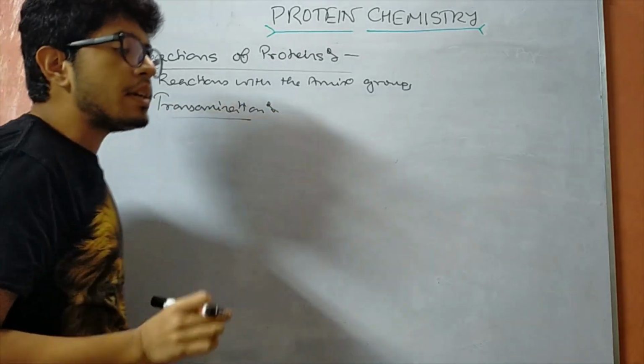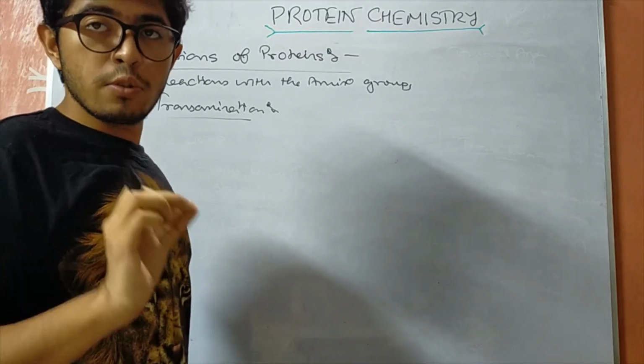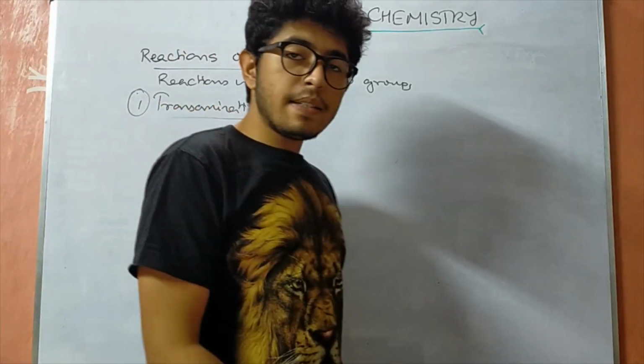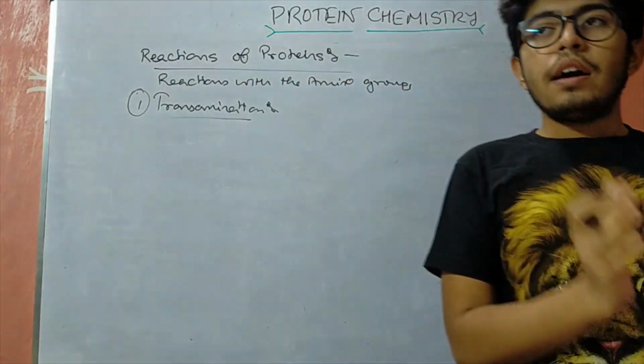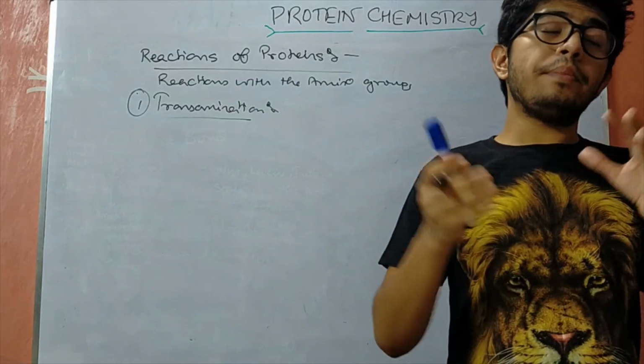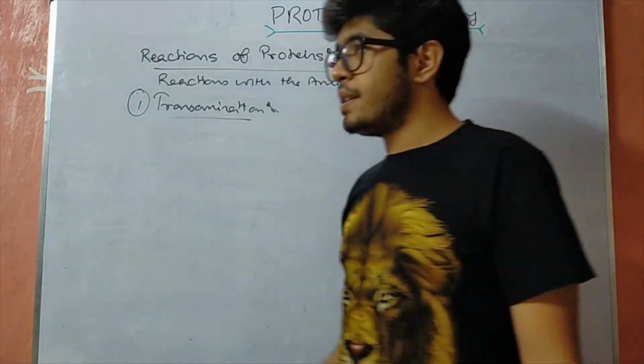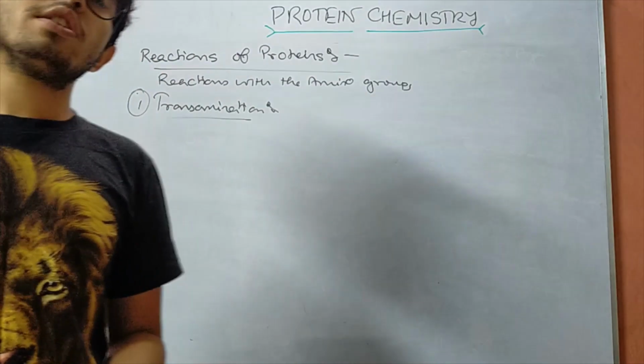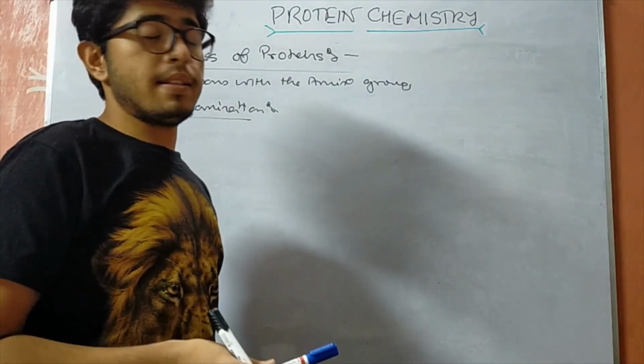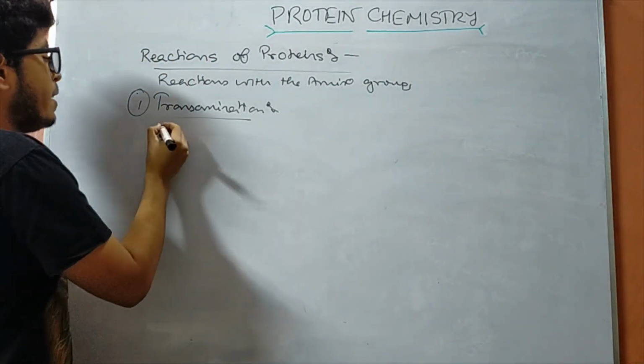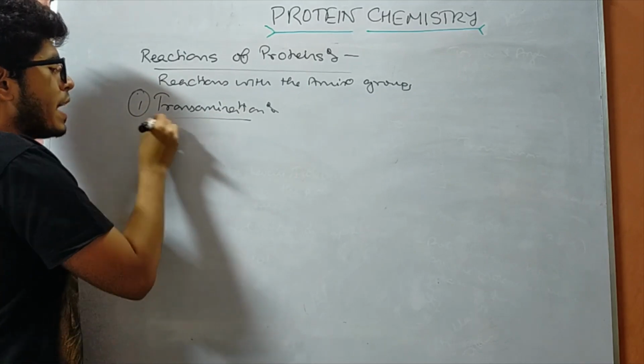Transamination reaction is the transfer of an amino group from an amino acid to a keto acid, thus leading to the formation of a new amino acid. Suppose we discuss two different reactions.